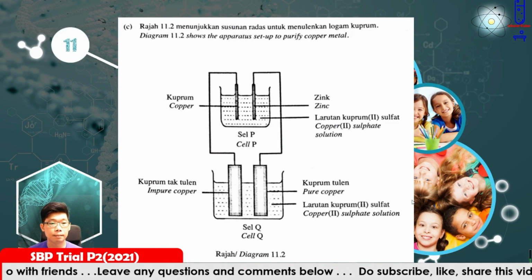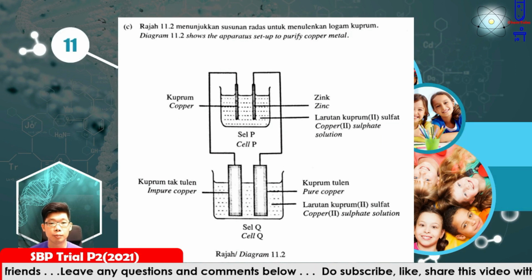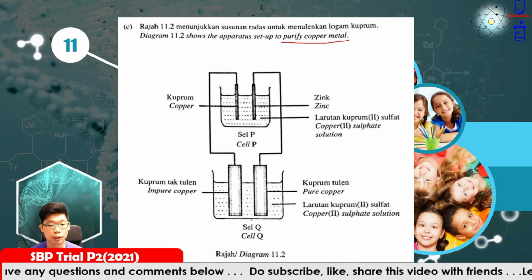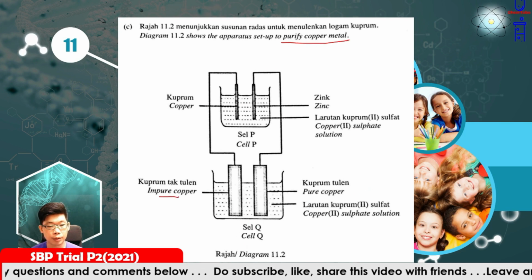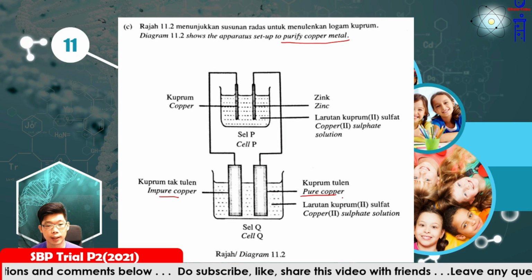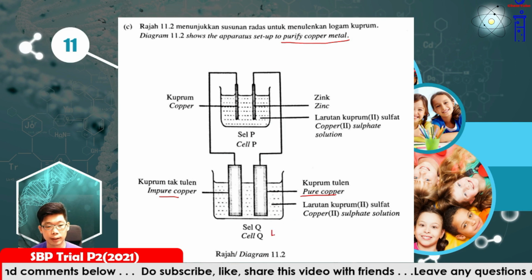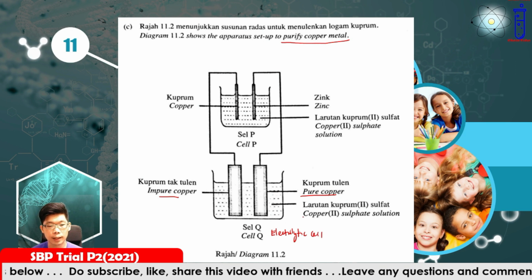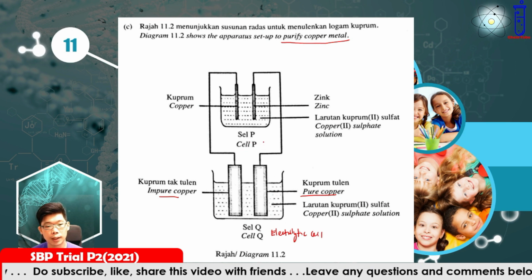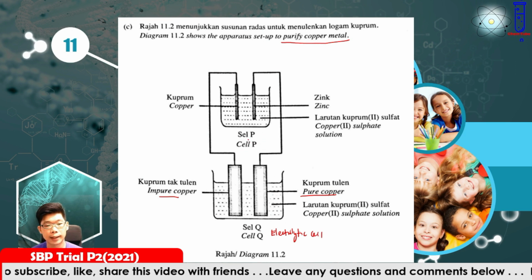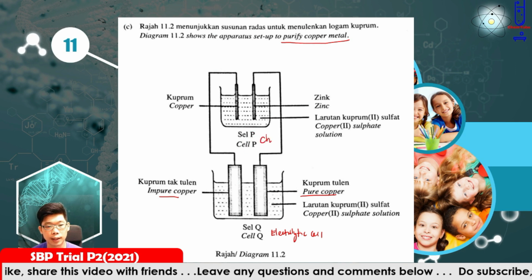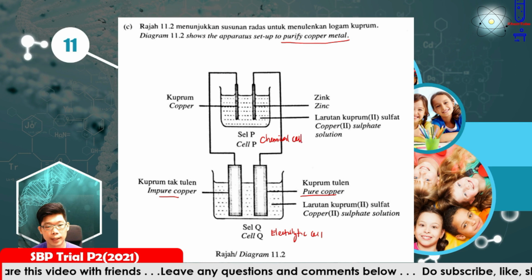Question C. The diagram shows the apparatus set up to purify copper metal. Cell Q consists of impure and pure copper, so this should be the electrolytic cell. Cell P should be the chemical cell that supplies electrical energy to cell Q, so it acts as a battery.